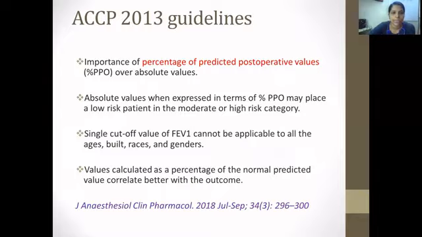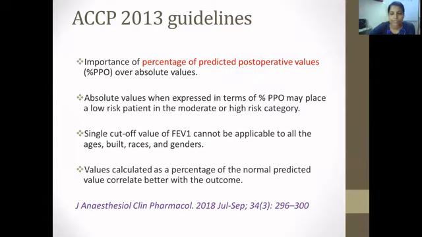According to the ACCP 2013 guidelines, they emphasized the importance of percentage of predicted postoperative values, that is percentage PPO, over absolute values. Absolute values, when expressed in terms of percentage of PPO, may place a low risk patient in the moderate or high risk category.